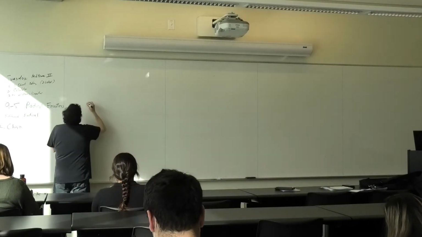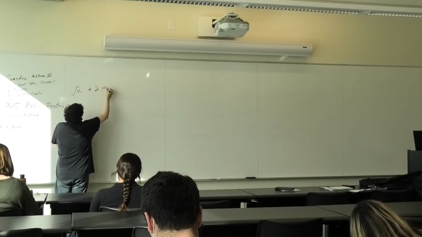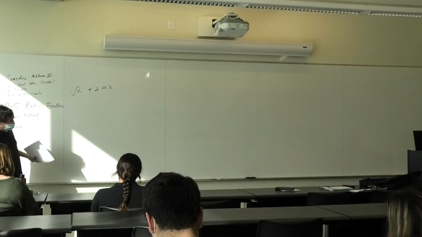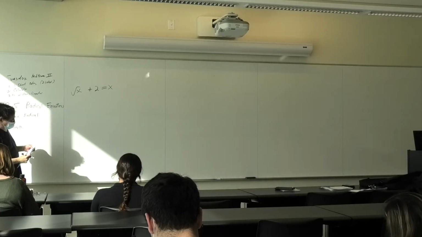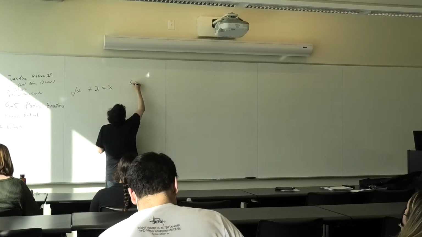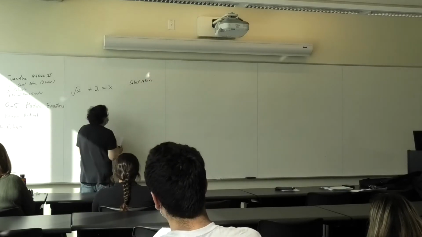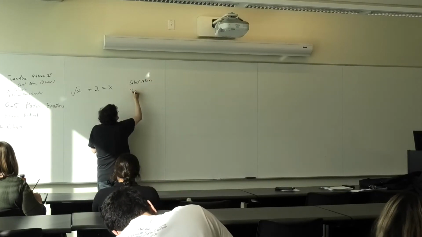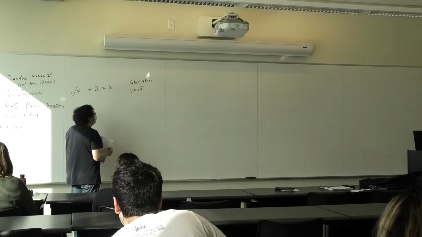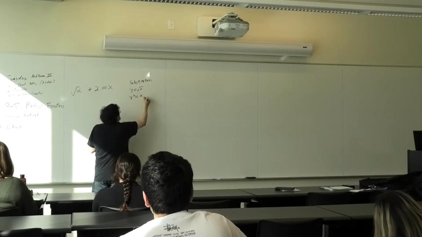So I had this equation, square root of x plus 2 equals x. Okay. Well, the other strategy looks like this. I want to do a substitution that will get rid of that radical. So I say y equals the square root of x, which means that y squared equals x.